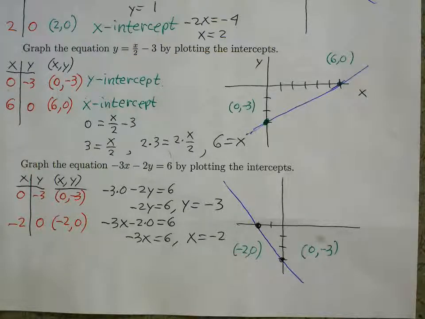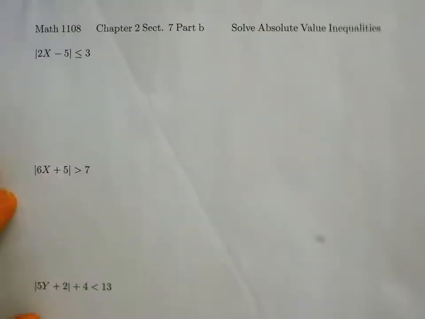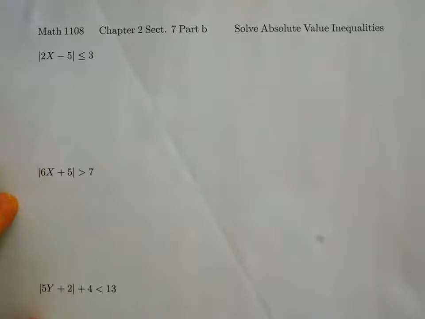So what I want to do is look at some of the absolute value inequality problems from chapter 2, section 7, part B. We didn't have time to cover these a few days ago.